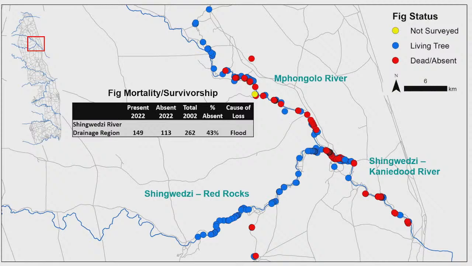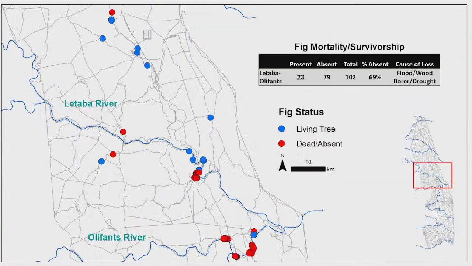Some rivers, like the Red Rocks region, maybe that's unique, the Red Rocks Upper Xingwezi are unique in that not a single fig has been lost since 2003. But the Mfangolo and the Xingwezi Kanidud section, the lower floodplains, which have received the brunt of quite a few extreme flood events, have lost 43% out of an original 149 trees mapped.